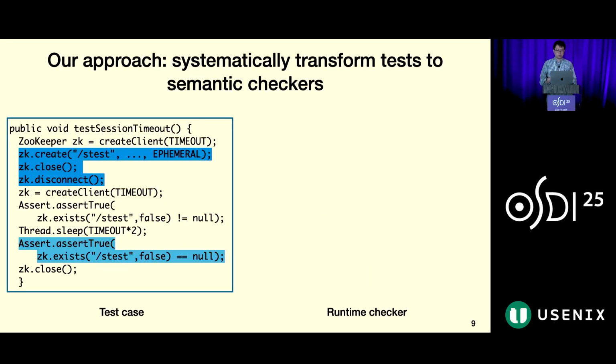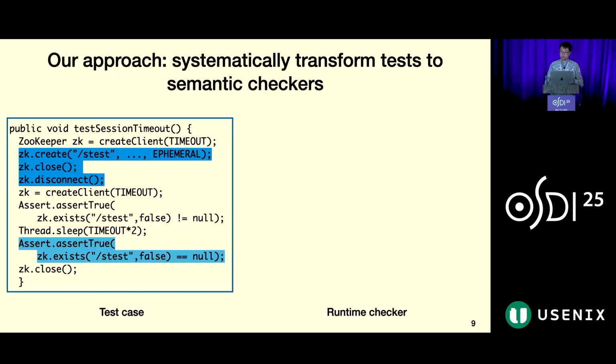Instead, we propose to directly transform the test code into semantic checkers. Since the tests include carefully designed workloads and semantic-specific oracles, aka assertions, which are currently not fully leveraged in the existing solutions.